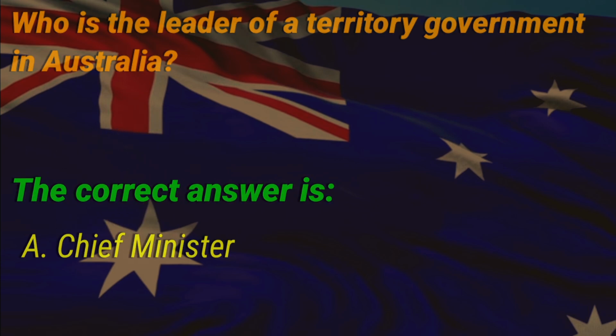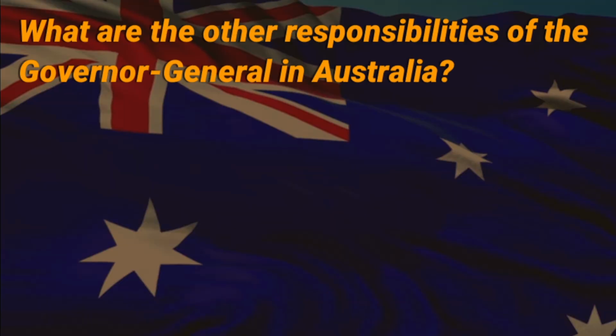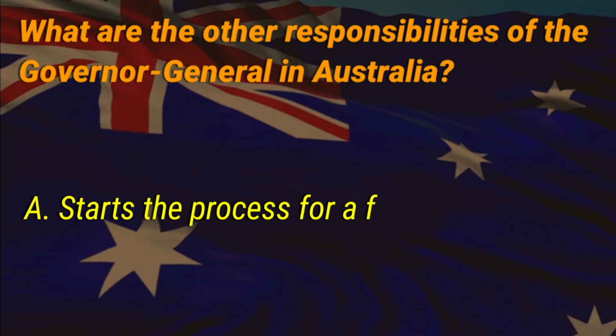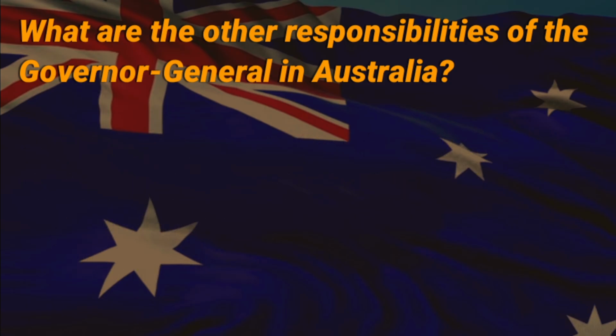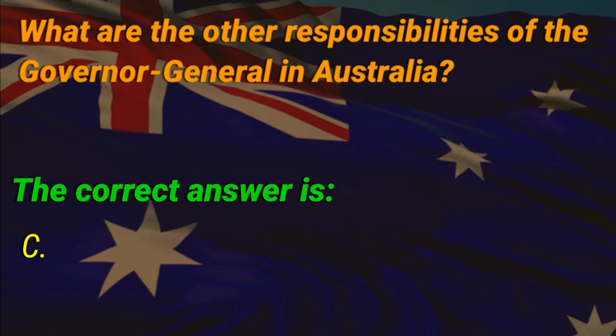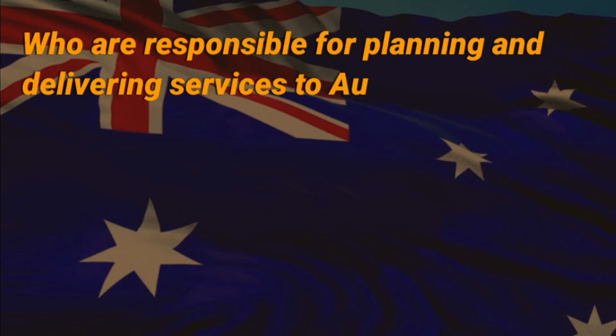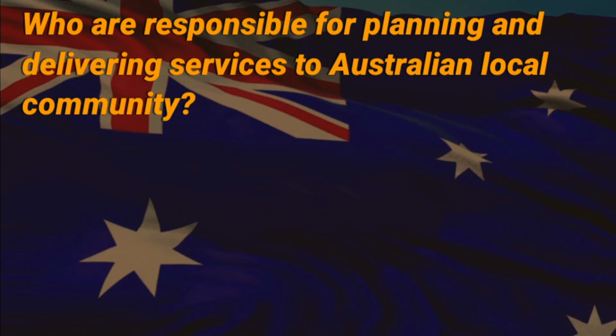Chief Minister. What are the other responsibilities of the Governor-General in Australia? A. Starts the process for a federal election. B. Acts as Commander-in-Chief of the Australian Defence Force. C. All of the above. The correct answer is C. All of the above. Who are responsible for planning and delivering services to Australian local community?